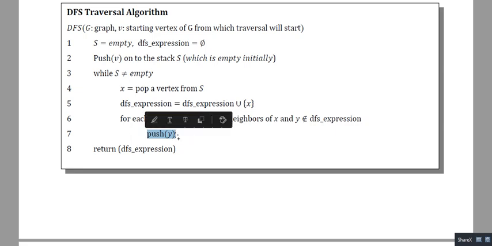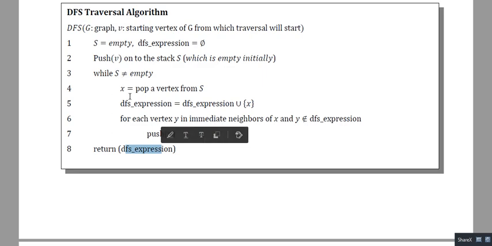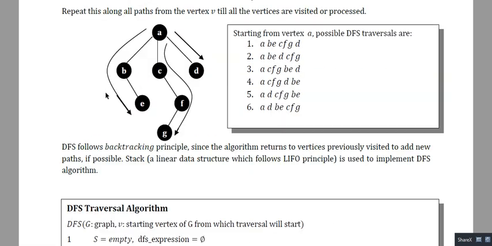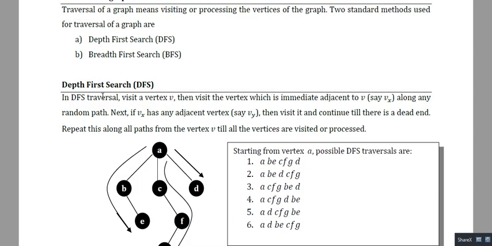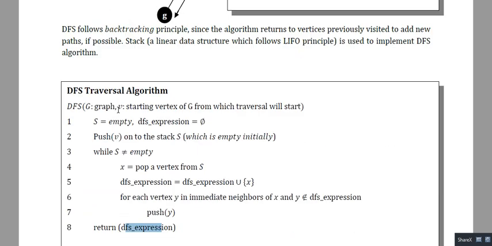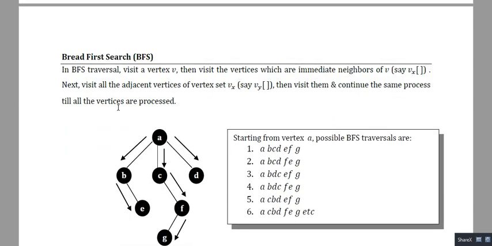Once the stack is empty, it means you have visited all the vertices, and finally you return the DFS expression. So to implement DFS, we use the data structure stack. Implementation of DFS requires the data structure stack, remember.